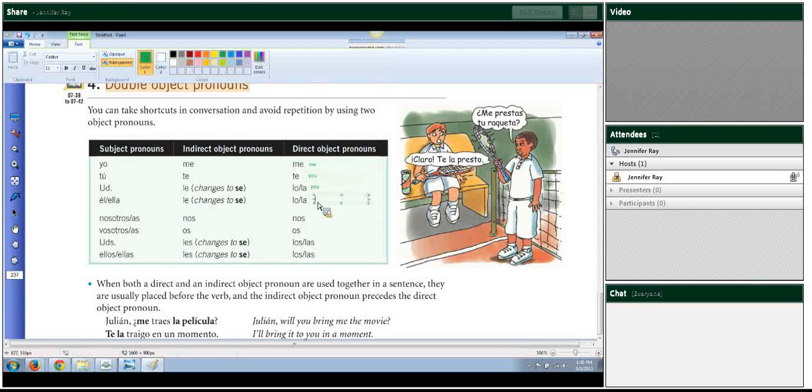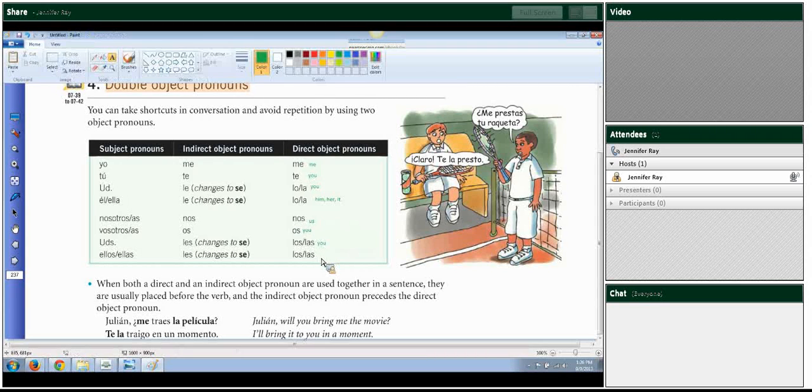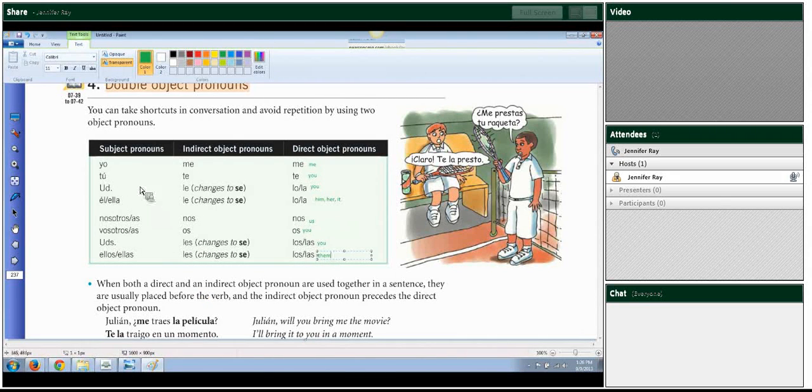Here it would be he, she, him, her, or it. "Nos" would be us. This would also be you or you all. This would be you or you all. And this would be them. And these actually translate the same way.